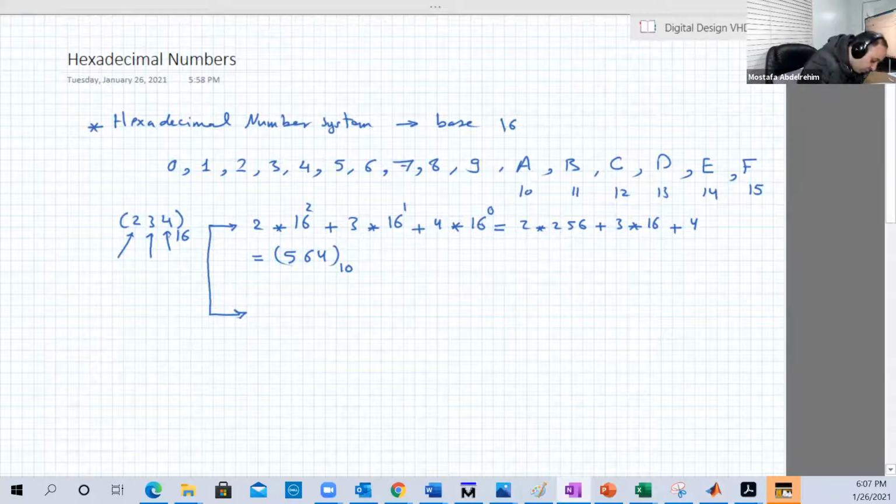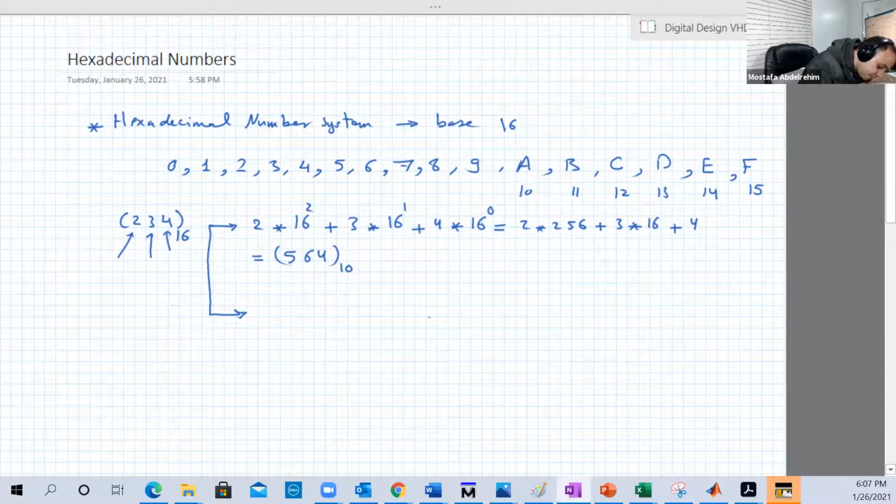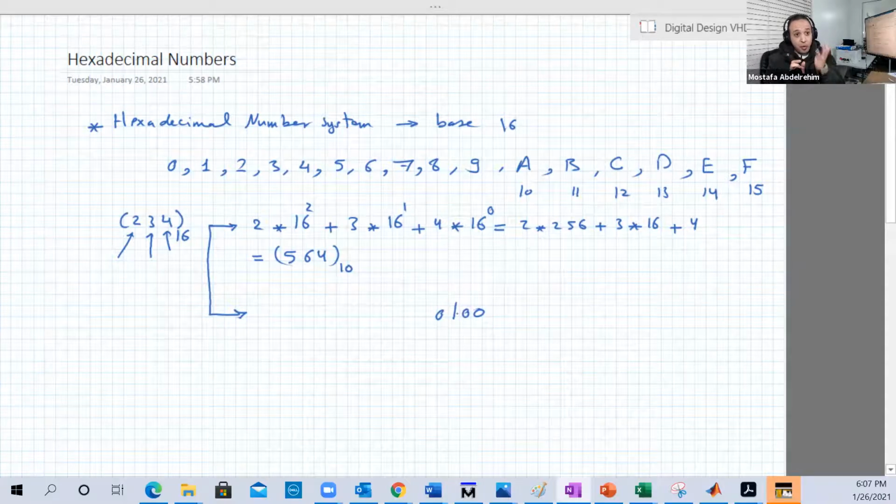So how do we convert 4 into binary? 4 is 0, 1, 0, 0. I mean, we convert each digit into a 4-bit binary number.